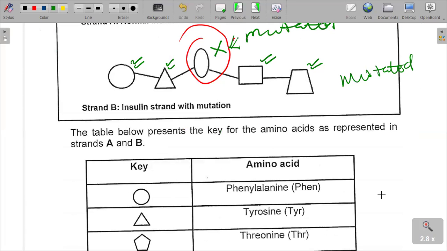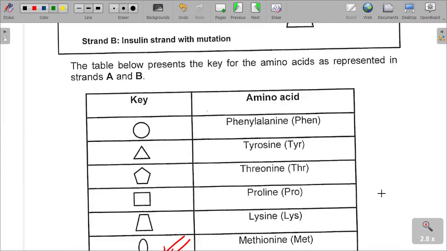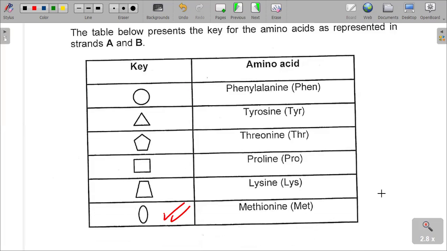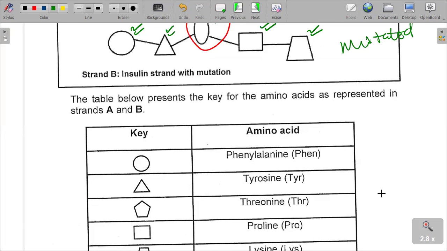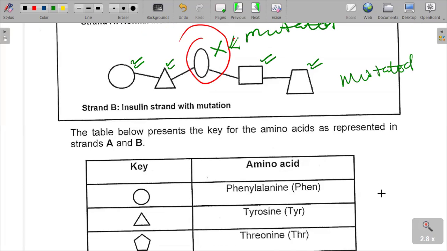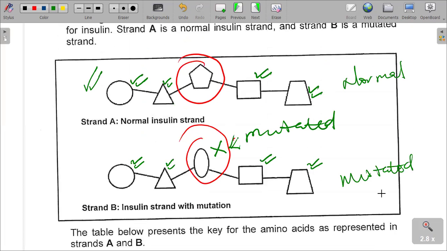The table below represents the key for the amino acids as represented in strands A and B. We have a variety of amino acids given there, methionine, threonine, proline, and so forth. These are our amino acids that are shown in the diagram.